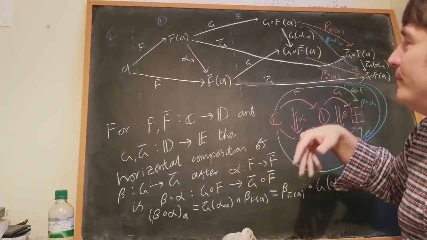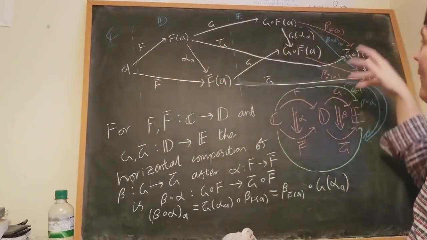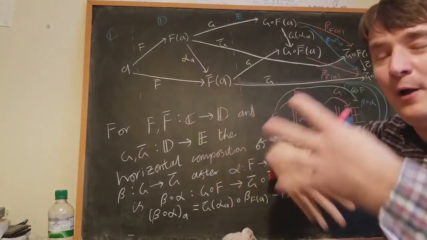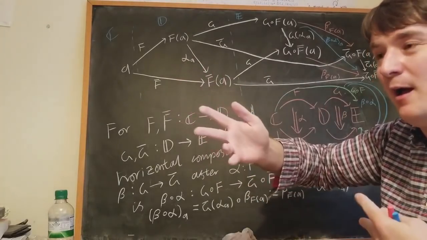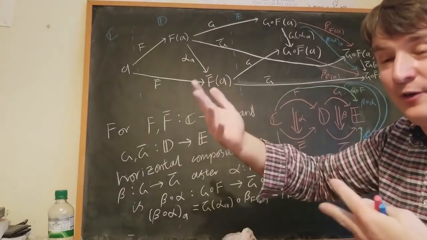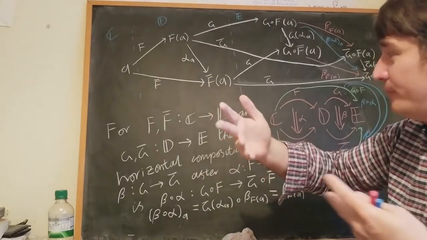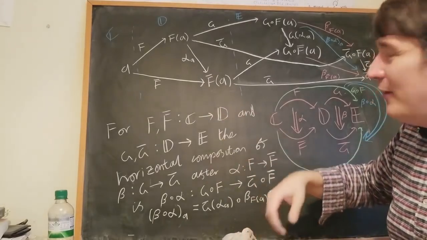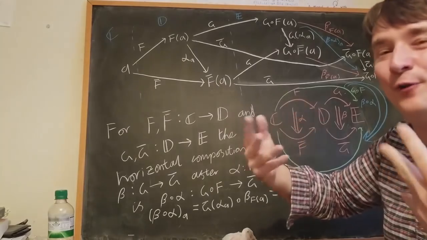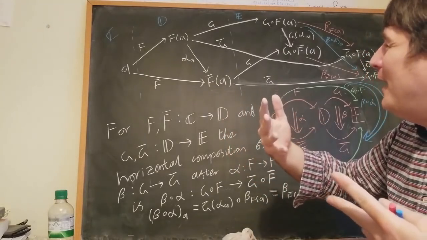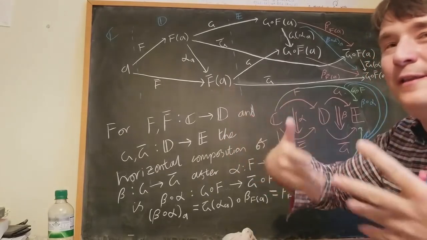All I've done so far is basically tell you what the components of this natural transformation are. But how do we actually know it is a natural transformation? Well, it's a big drawing exercise. It's quite fun, really. It's not really conceptually that hard.